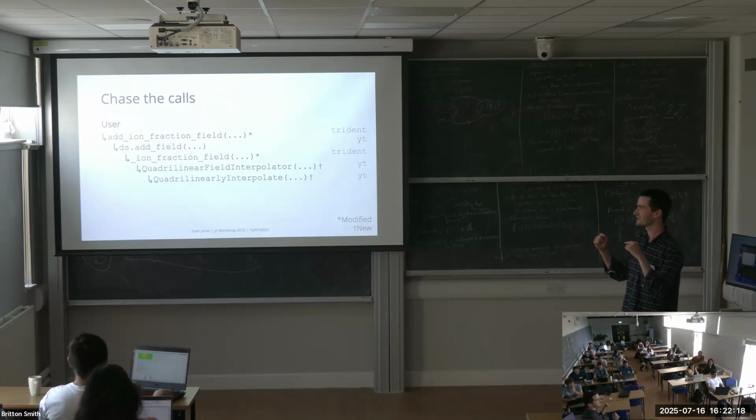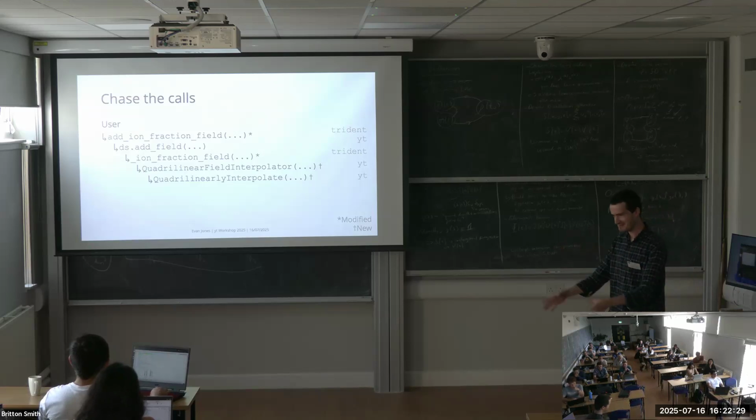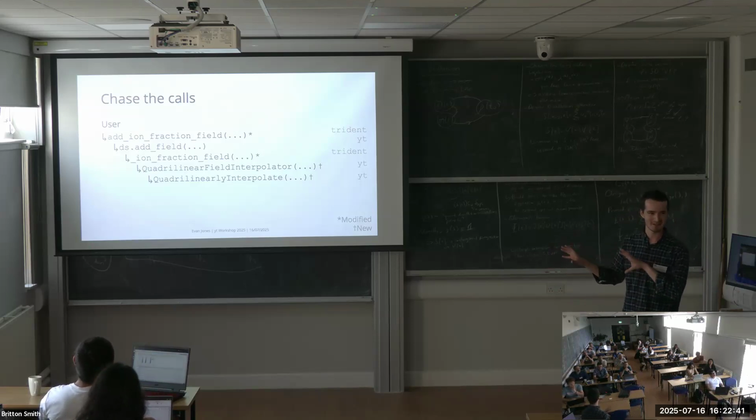To do that, it calls its own ion fraction field. You might remember when we were talking about add field, that calls a YT quadrilinear field interpolator, which is how YT itself takes its named field data and does interpolation on that. That itself then calls this other interpolating function, which just takes any arrays. I've never actually got to tell anyone, I think me and Britain are the only people that have ever spoken about this.